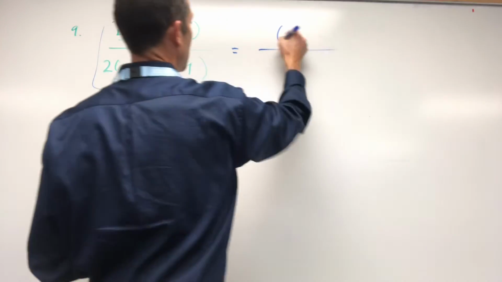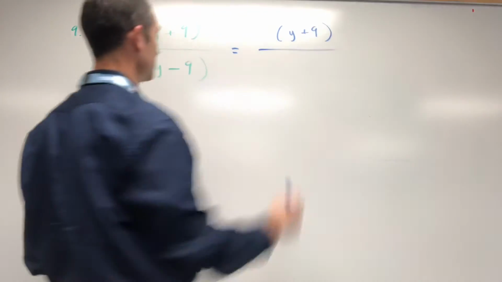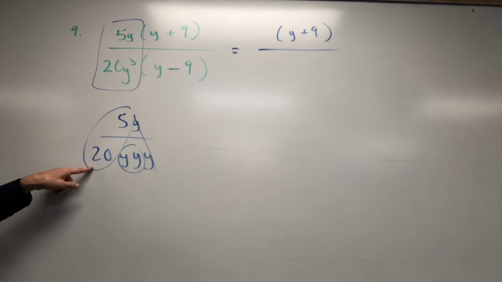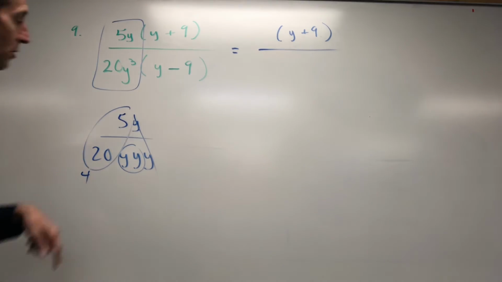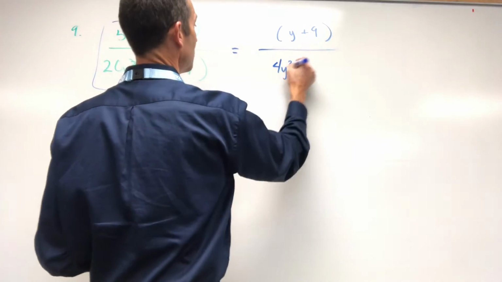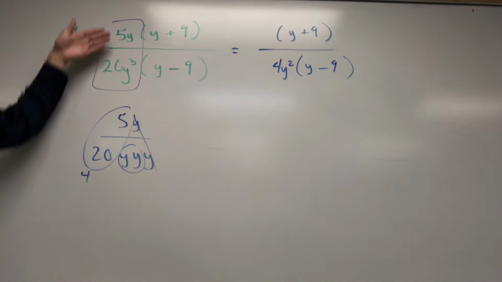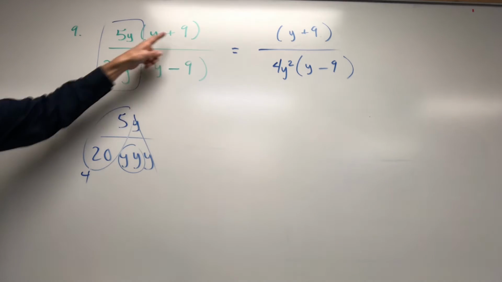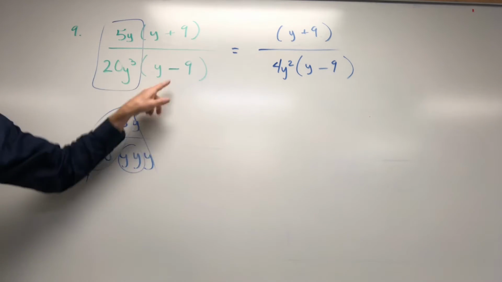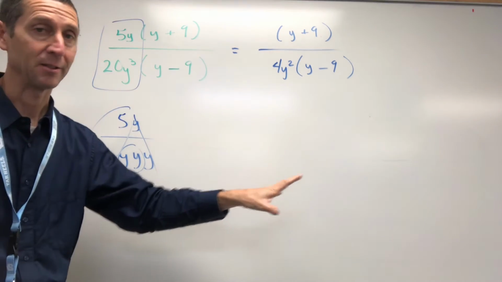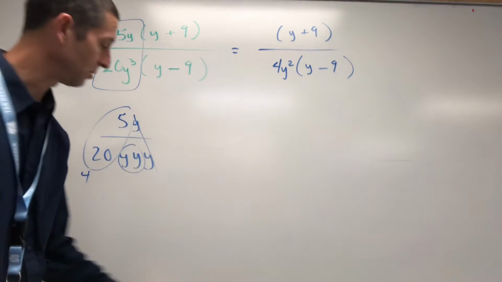The only thing left up top is the y plus 9. The 5 and the 20 gives you a 1/4 right there for y squared, y minus 9. So you can clean up outside, but the rules here say, hey, these are not exactly the same. Can't touch this. All right, final answer right there.